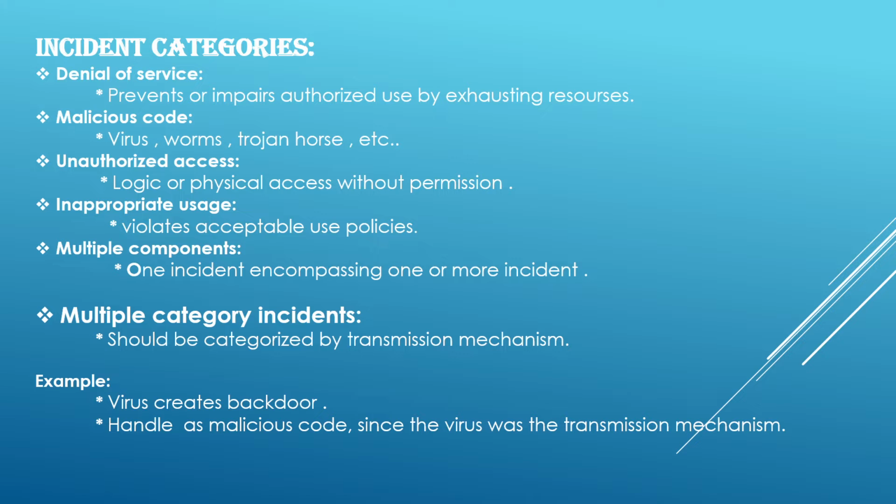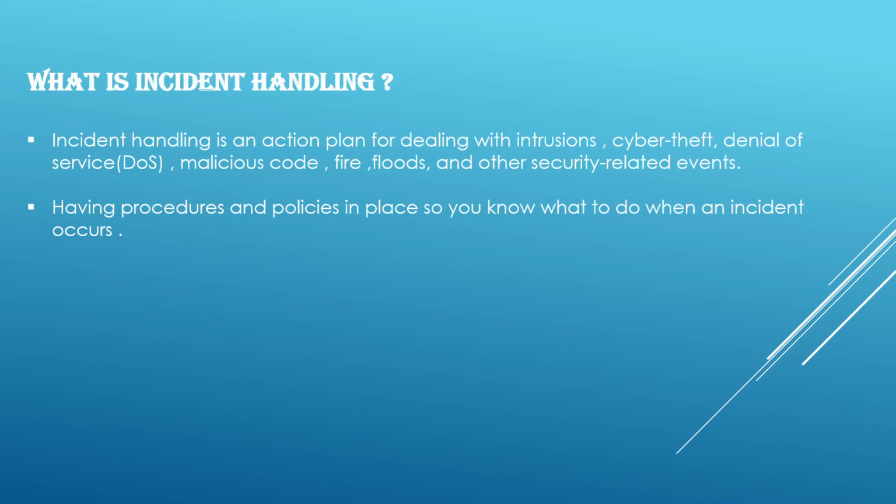Multiple components: one incident may encompass one or more incidents. A multiple category incident should be categorized by transmission mechanism. Example: a virus creates backdoors, and handles malicious code, since a virus is a malicious transmission mechanism.